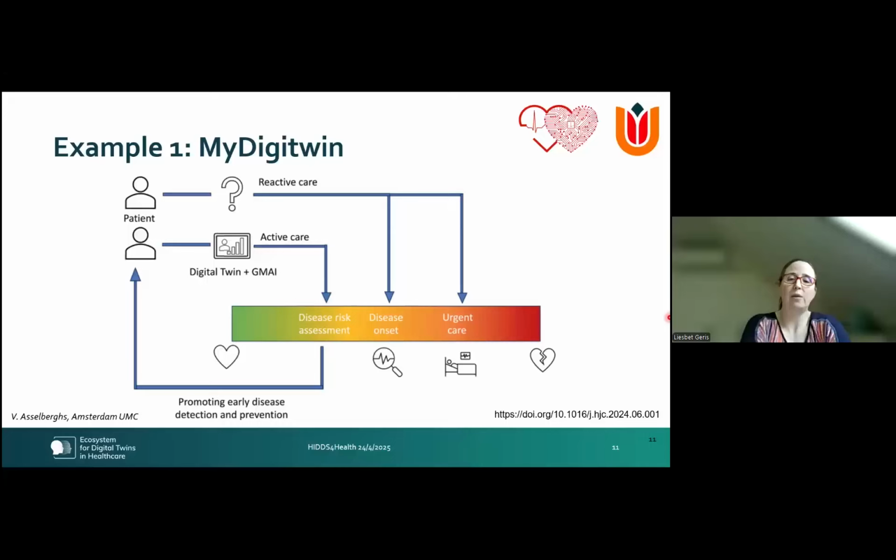And so this allowed them to detect very early in the onset a higher risk for specific conditions, and they could ask the patient to actually come in and immediately address this issue before it became a disease or before it became an urgency. So this is how they're using this in order to work more on prevention and proactive rather than reactive care.